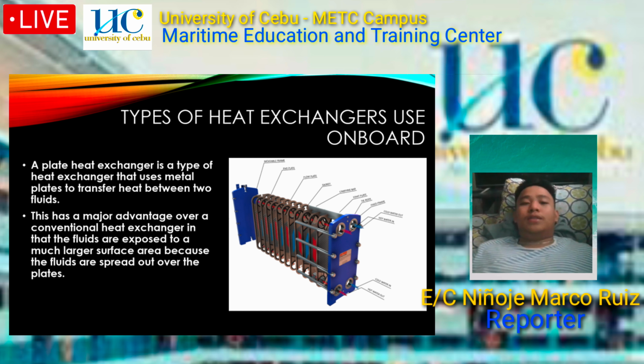Shell and tube heat exchanger. As its name implies, this type of heat exchanger consists of a shell, a large pressure vessel, with a bundle of tubes inside it. One fluid runs through the tubes and another fluid flows over the tubes through the shell to transfer heat between the two fluids.